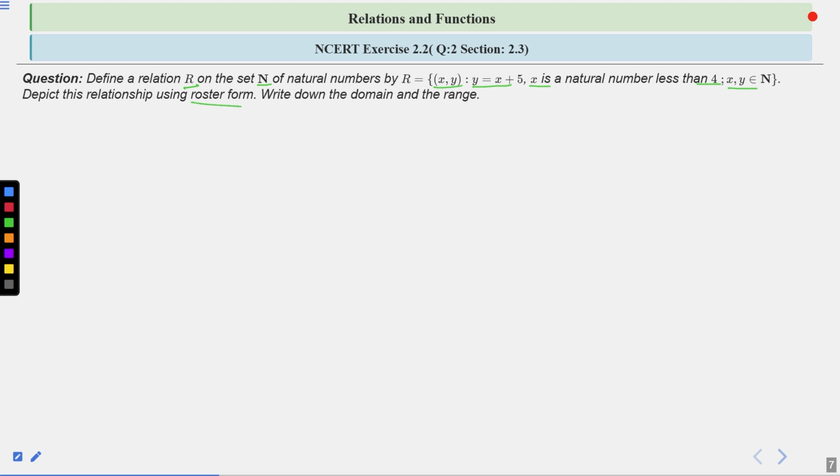So just write down the roster form and then find the domain and range set. Clear?